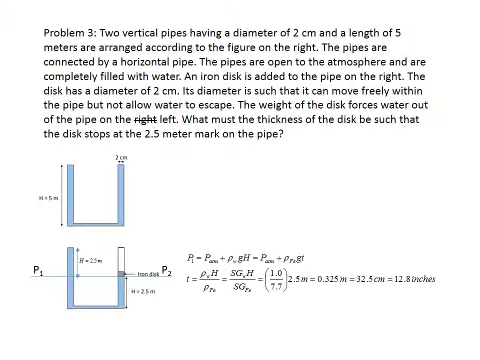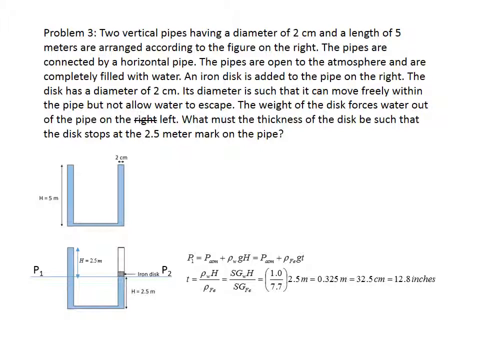Those two pressures are equal to each other, and therefore we can rearrange the equations, noting that the atmospheric pressure subtracts off on both sides of the equation, and that the thickness would be equal to the density of water times the height of water divided by the density of the iron. We'll also note that the ratio of the two densities is the same as the ratio of the two specific gravities.